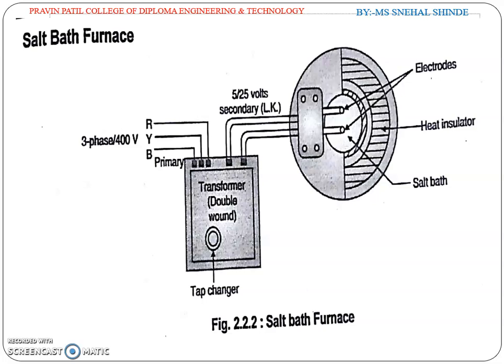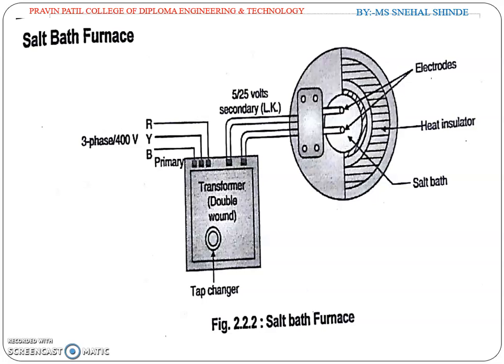Thermocouple parameters are used to measure the temperature inside the bath. The temperature of the bath is between 500 to 1400 degrees Celsius. The use of this is for heat treatment such as hardening, annealing, tempering.